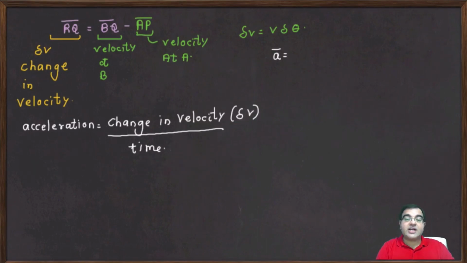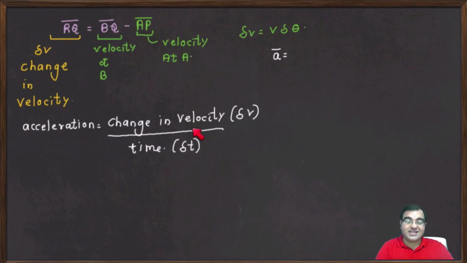If I am interested in finding out instantaneous acceleration, listen to this carefully. From the fundamental videos, I know we need to apply limits to find out instantaneous acceleration. Acceleration is the change in velocity, delta v, upon time, delta t.